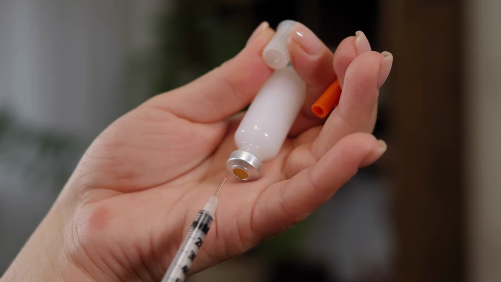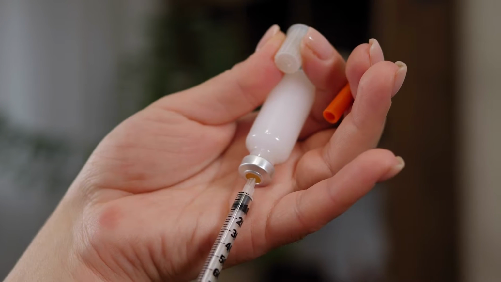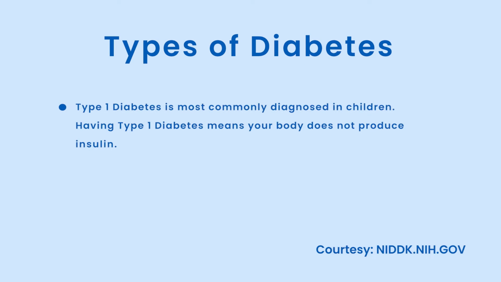In healthcare, there are what we consider three really main types of diabetes. We have type 1, type 2, and then gestational diabetes. So I'll go into a little detail about those three types. Type 1 diabetes is most commonly diagnosed in children.